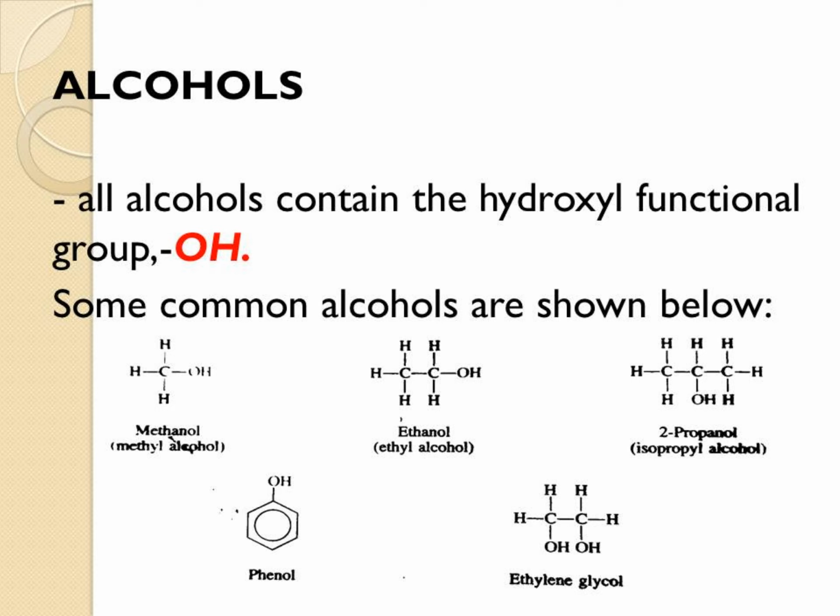We have methanol, CH3OH, also called methyl alcohol, and ethanol, C2H5 with OH as the functional group, that is ethanol or ethyl alcohol. You also have 2-propanol, ethylene glycol, and phenol. Those are alcohols because of the presence of the functional group OH.